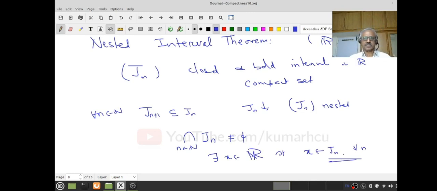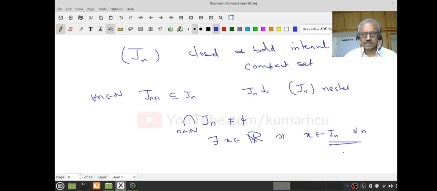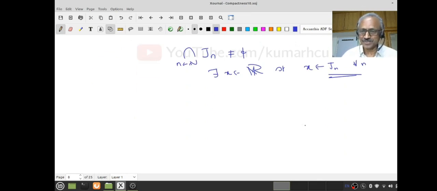This is the nested interval theorem. Only to prove the uniqueness part do I need some metric condition, that the lengths of J_n decrease to 0, but let's not worry about that. Actually the importance of the nested interval theorem is not uniqueness, it's the existence. The intersection of J_n being not empty is the most important thing. If you've seen my videos on real analysis, you will realize that.